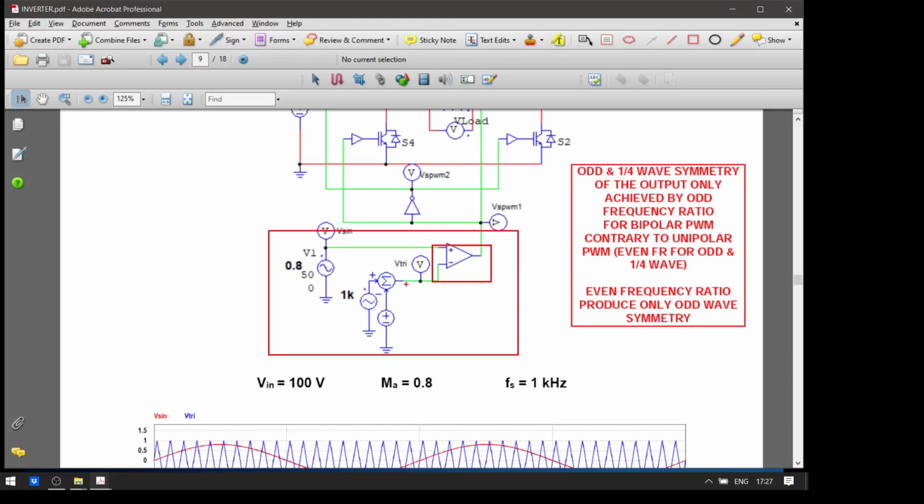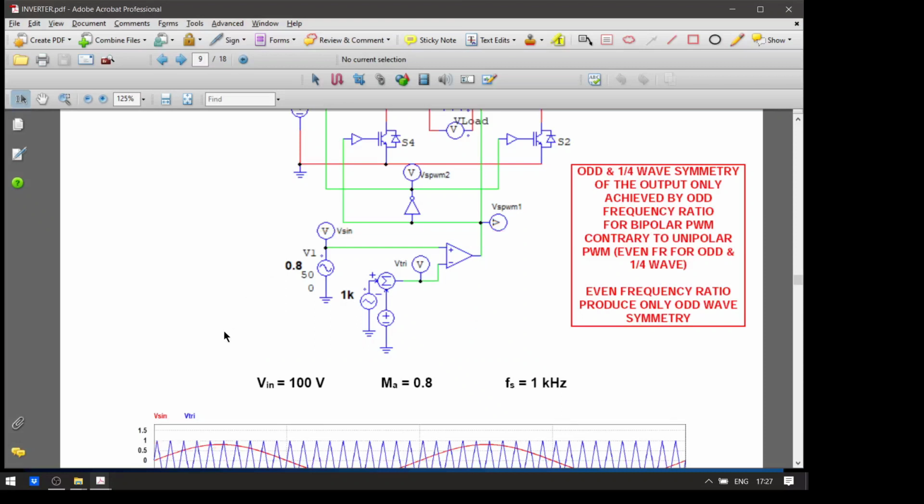So whenever VM, the modulating signal, is greater than the triangular carrier signals, it will produce a pass of 1, and otherwise it's going to be 0. That is a conventional way to do that. And by varying the modulation index, which is the amplitude of the modulating signals, we can vary the width of the pulse, right?